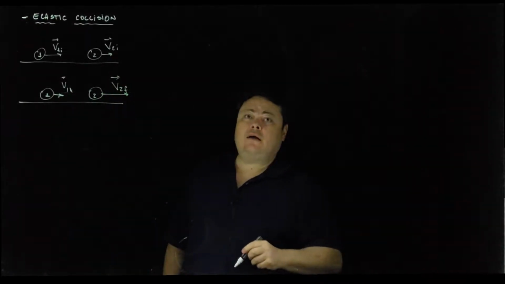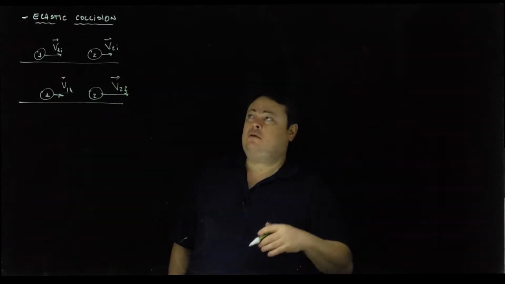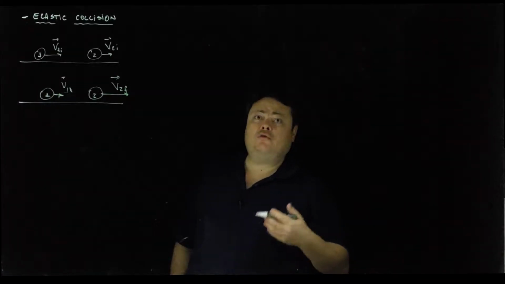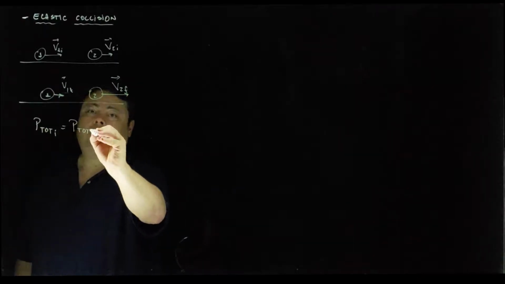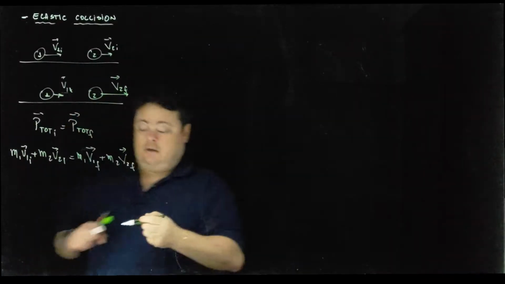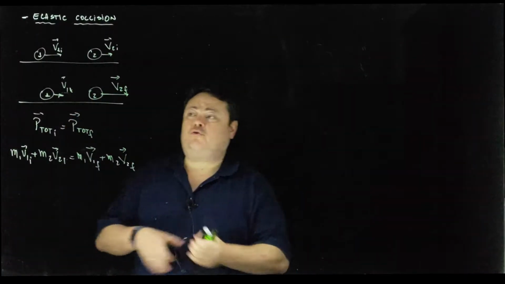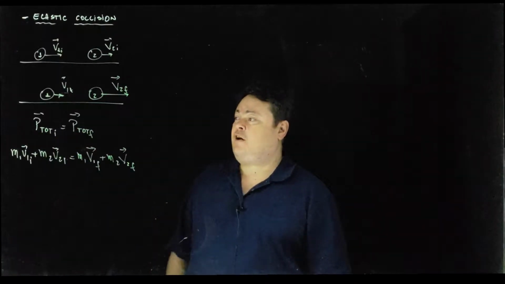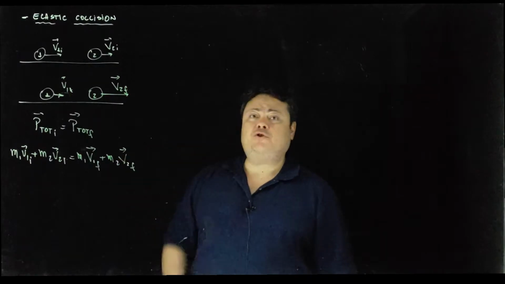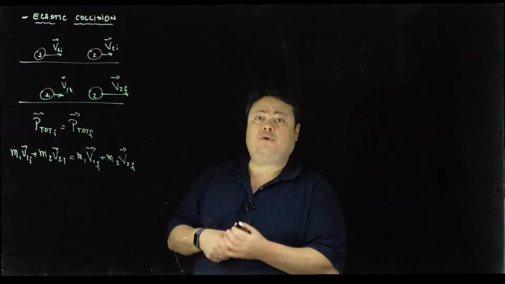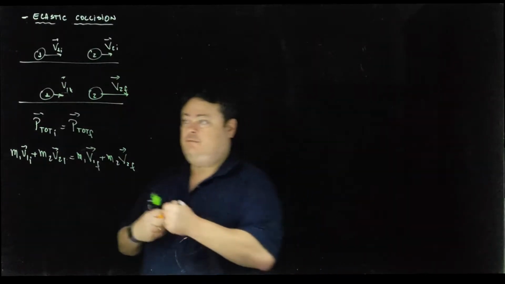Okay? And like I said before, in this kind of collision, the total momentum is conserved. Therefore, I can write, so the total momentum initial equals the total momentum final, and then I have that m1 v1 initial plus m2 v2 initial equals m1 v1 final plus m2 v2 final.